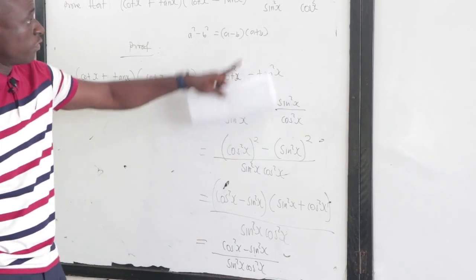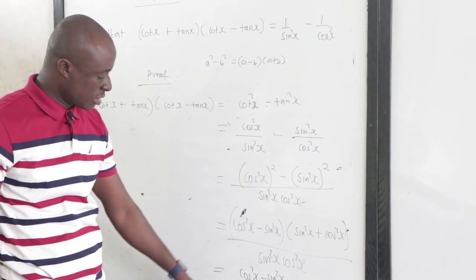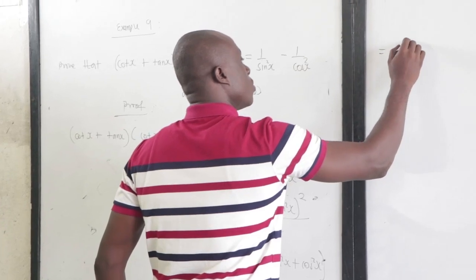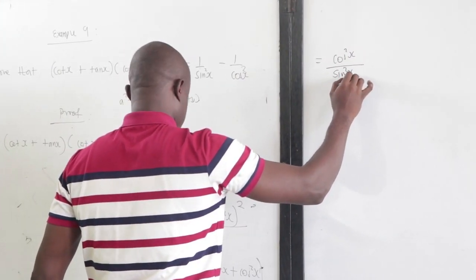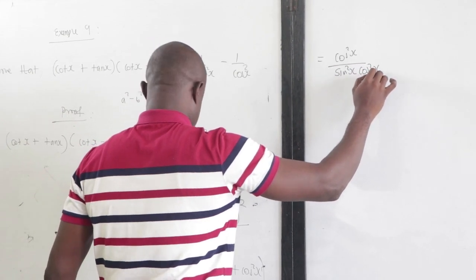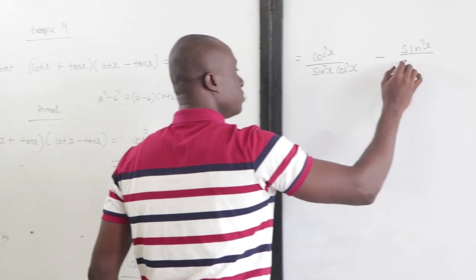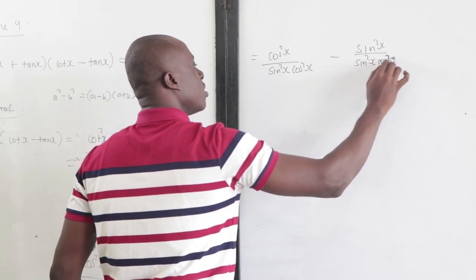Now, what do we want to prove? We want to prove that this is equal to 1 over sine square x minus 1 over cos square x. So clearly from here, this is just equal to cos square x all over sine square x cos square x minus sine square x all over sine square x cos square x.